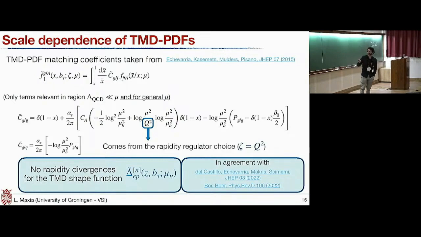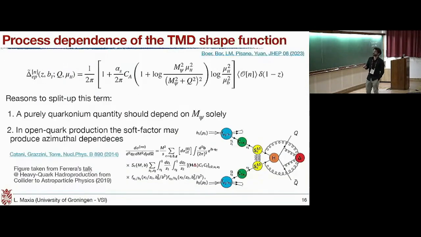So this kind of log is not present for the TMD shape function. And this is in agreement with other papers already. So you cannot motivate this quantity here as due to rapidity regulation. It is there from process dependence, in the bottom line.